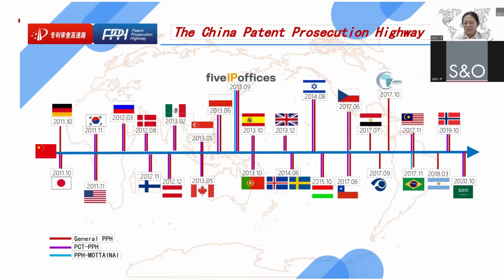Those cooperative networks cover major overseas markets where Chinese companies and companies abroad seek to go global, providing applicants with a fast track for patent examination in those countries. The CPPH is a high-speed way for patent applications that offers a quicker route to patent protection compared to the conventional route.